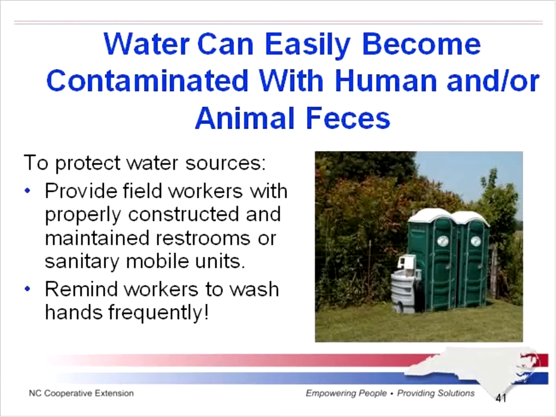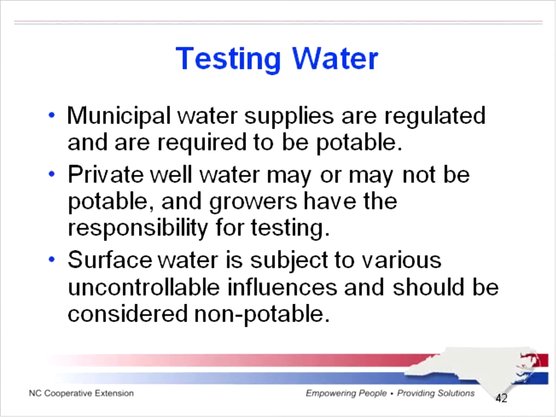Encourage workers to use them. Also encourage workers to wash their hands prior to picking. All of these things apply to water quality just as they do to direct contact by the workers with the produce.